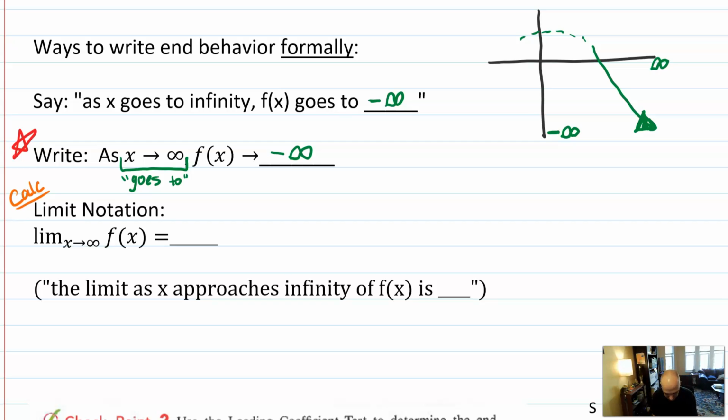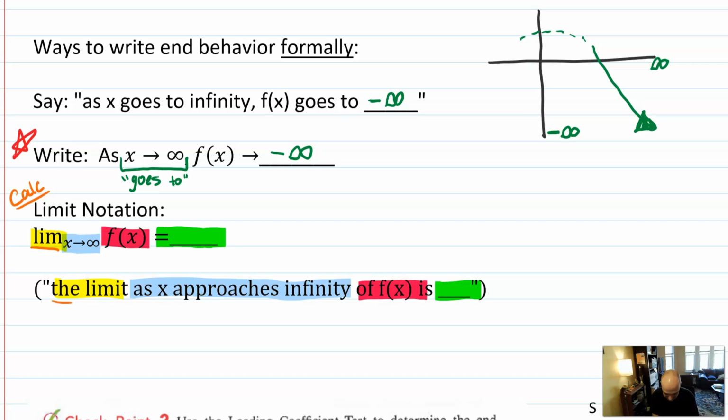So there's this little lim that stands for limit. And the way you look at this math sentence is you interpret it in the same way as the sentence up here. So I would read this out loud as the limit as x approaches infinity of f of x is, and that's what it's equal to.